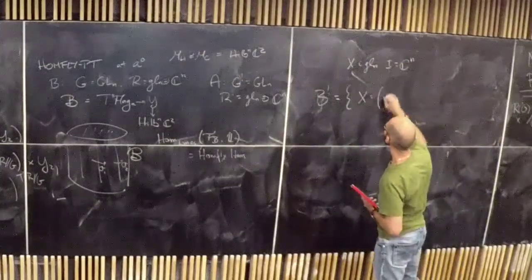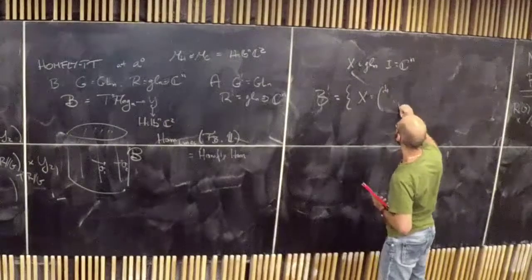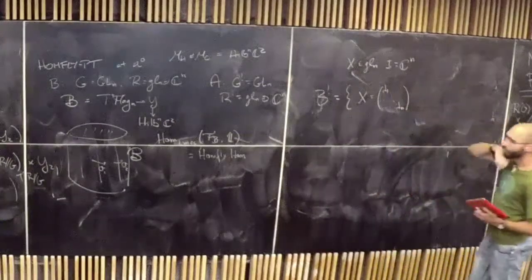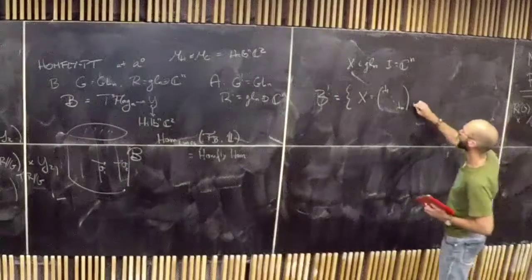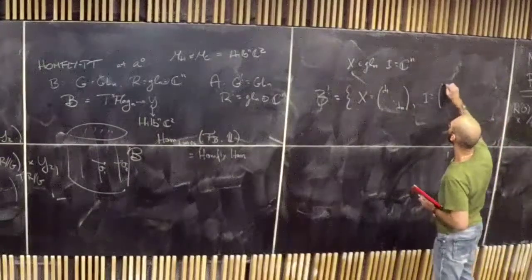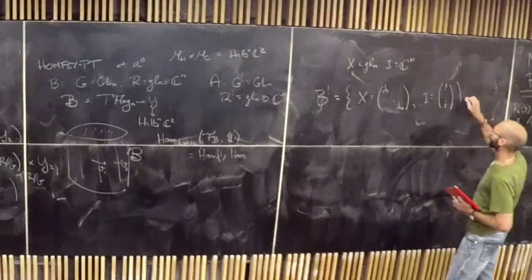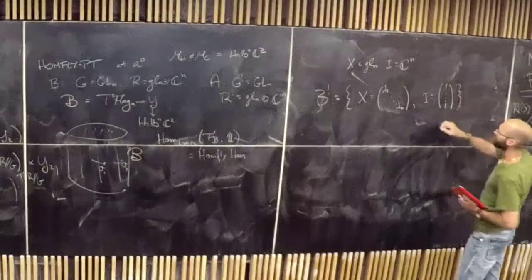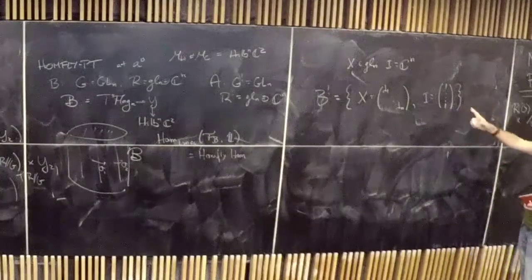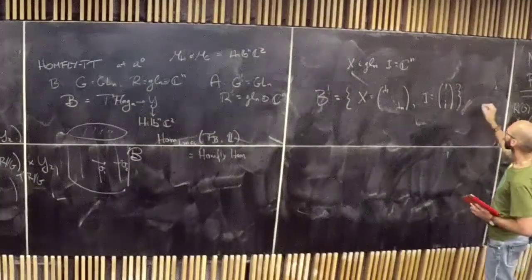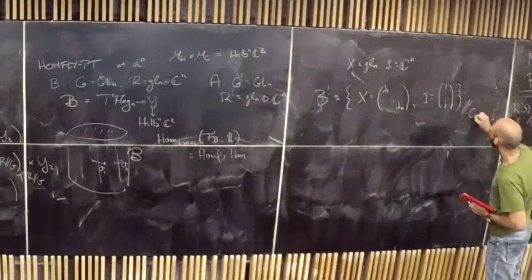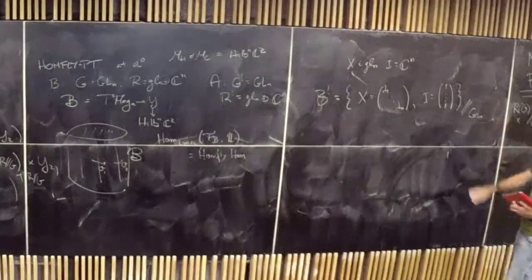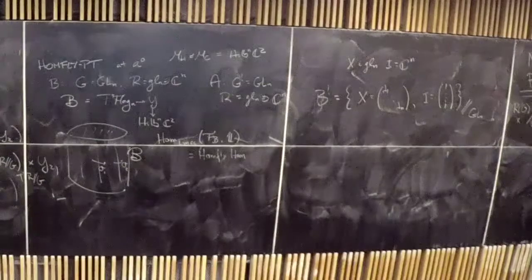It fixes x to be a matrix with non-zero constant eigenvalues, and I to be just a constant vector. And so this is a Lagrangian in T star, and that gets symplectically reduced to a Lagrangian in the Higgs branch.